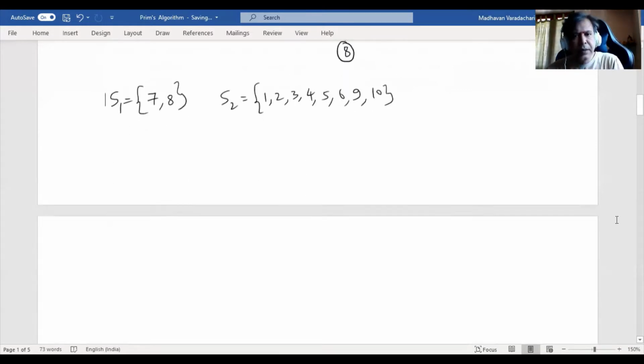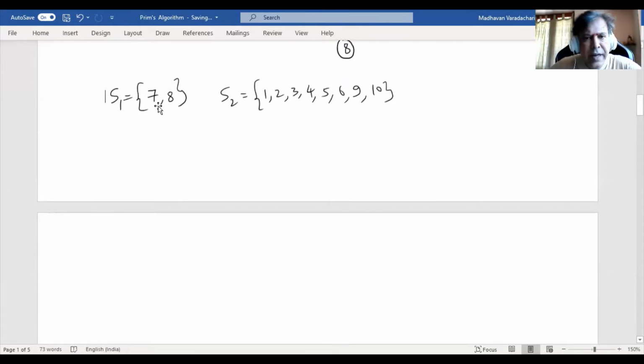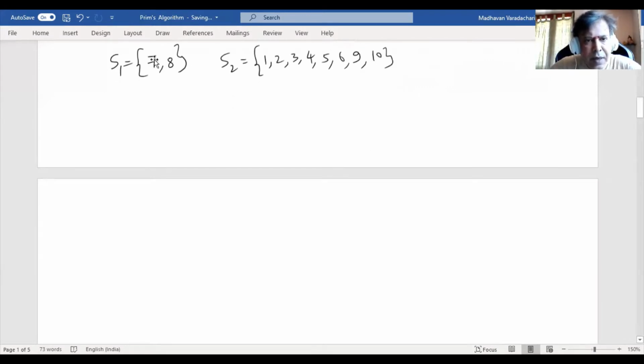After doing this, we'll find the relations: 7 to 1, 7 to 2, 7 to 3, 7 to 4, 7 to 5, 7 to 6, 7 to 9, 7 to 10.